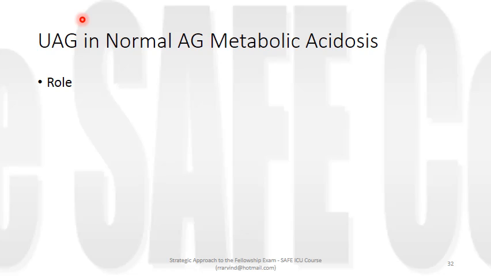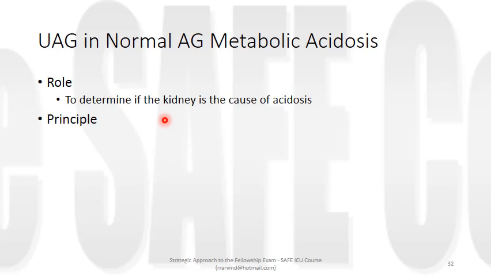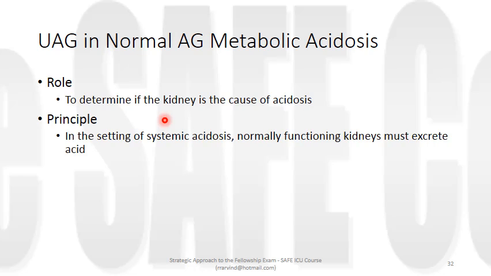So the role of the urine anion gap is to differentiate between a renal cause of the normal anion gap metabolic acidosis, and the gut as the cause. So that's the main thing. Is the kidney the cause? The principle is, in the setting of systemic acidosis, if the kidney is functioning normally, then the kidney must get rid of this acid.